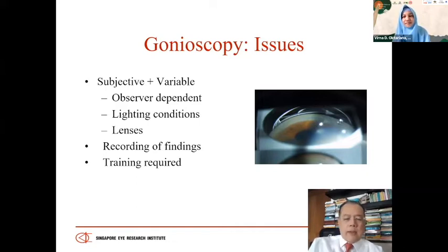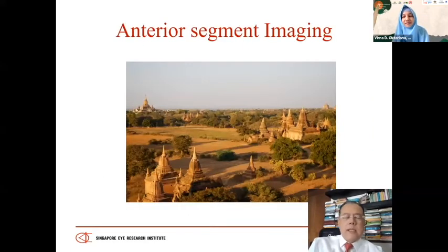Firstly, it is very subjective and variable. It's observer dependent. It can vary according to the light conditions that you use, including how much light enters the pupil, what lens you use. The findings are often recorded in a different and non-standardized manner. And also, you need training to perform gonioscopy well. And that's why there's a need for anterior segment imaging.